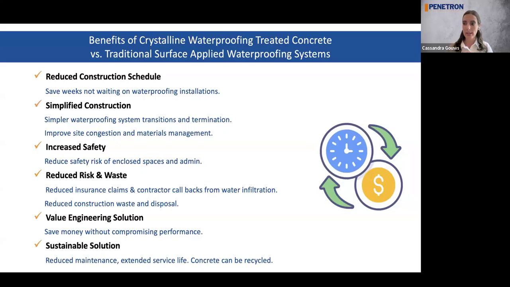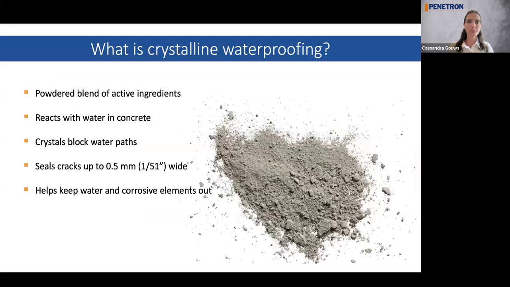And concrete that has a traditional membrane system on it cannot be recycled. So that is a very big positive point. So now that you know the difference between the two solutions out there, traditional surface applied versus crystalline, let's take a look at what crystalline waterproofing actually is.